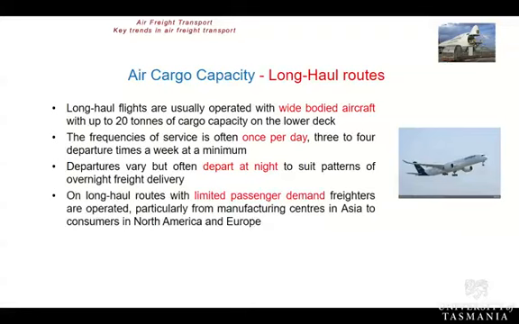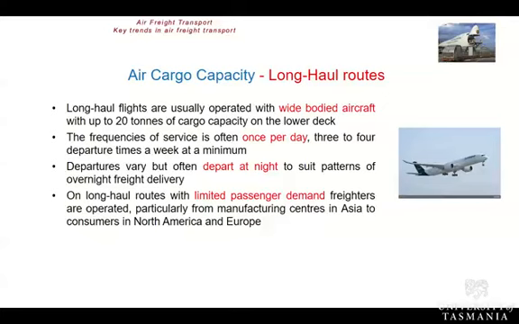When there's limited passenger demand on these long-haul routes, as there is on a number of particular routes, particularly from or going to Asia, what you find is that freighters are typically used, and so they're able to take advantage of maximising the opportunities to move those goods into Asia by virtue of a freighter.